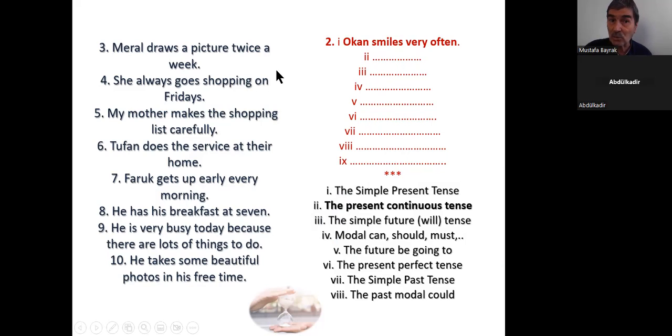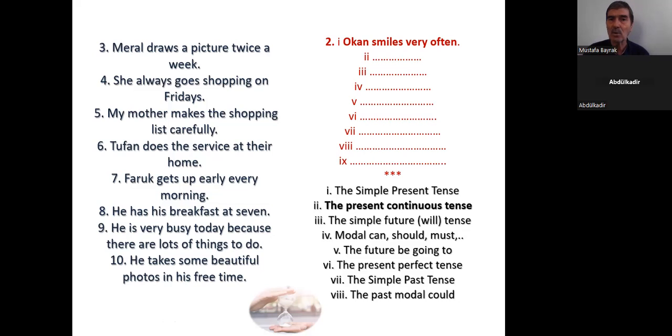Meral draws a picture twice a week. She always goes shopping on Fridays. My mother makes the shopping list carefully. Tufan does the service at their home, and I chose them carefully, attentively, heedfully, to be useful for me and for those who want to learn English. Yes. Okay. Tufan does the service at their home.